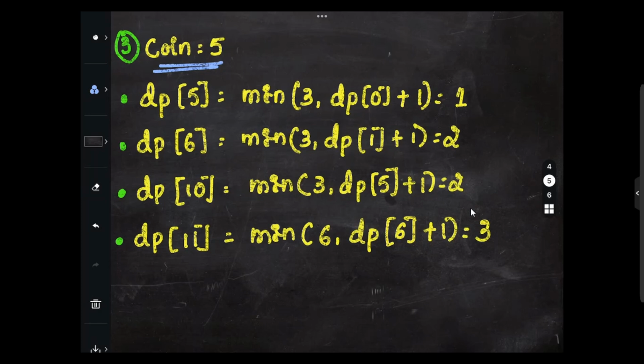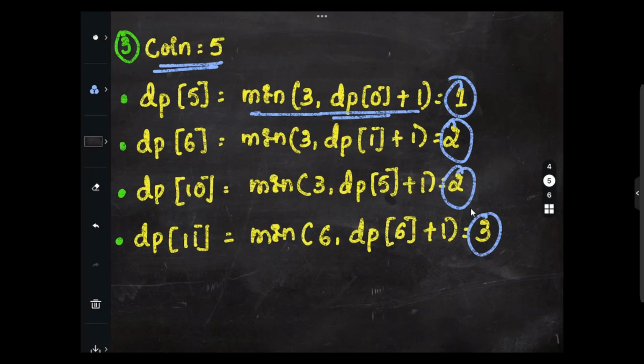So here for 5, min of 3 comma dp of 0 plus 1, this is 1 again. So as it is, dp of 5 is 1. dp of 6 in this case will be 1 plus 1, which is 2, and min of 3 comma 2 will be 2 itself. Min of 3 comma dp of 5, which is 1, 1 plus 1 again 2, this will be 2, and in this case it will be 3 as well.